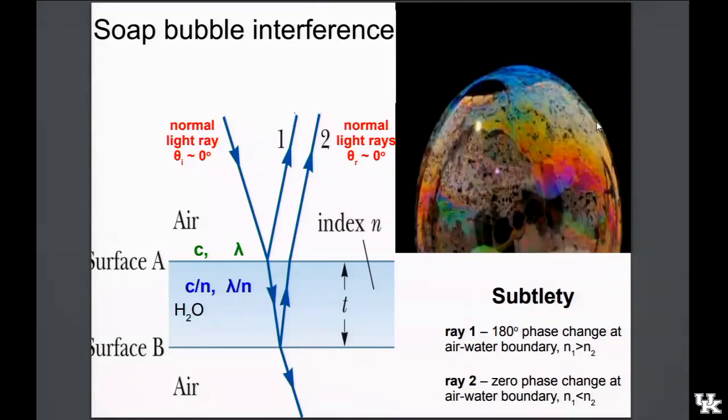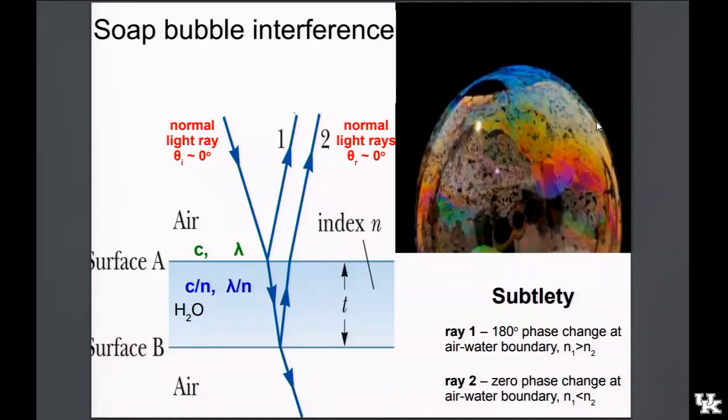When you reflect off a lower refractive index medium, in that case, you don't get the phase change. So downstairs here, there's no phase change. This is reflecting from a higher refractive index medium off a lower refractive index medium. So there's no phase change here.